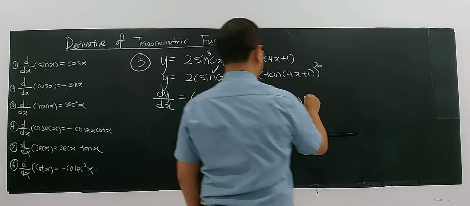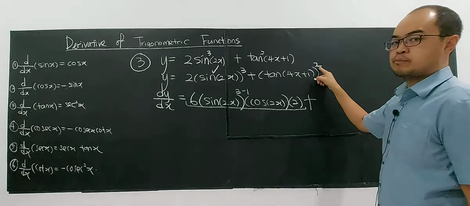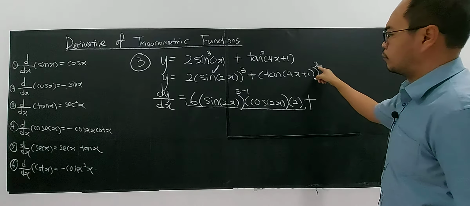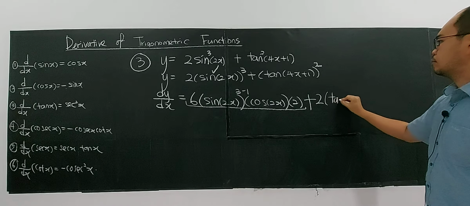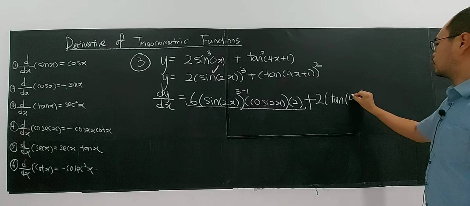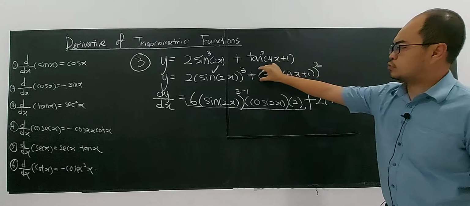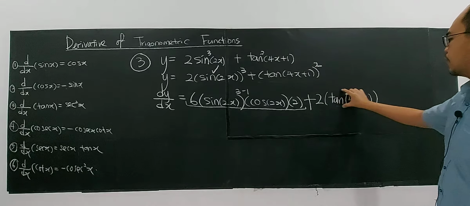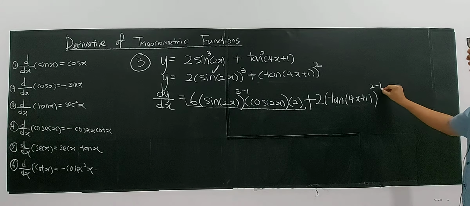Followed by plus, differentiating this to the power of 2. There is a power of 2 here, so deal with the power first. So apply chain rule, bring down the power to tangent 4x plus 1. Step 1, bring down the 2. Step 2, copy back, the 2 minus 1, right?